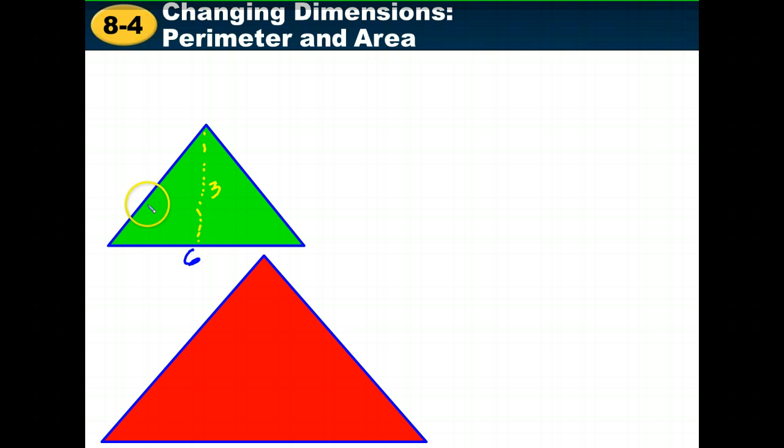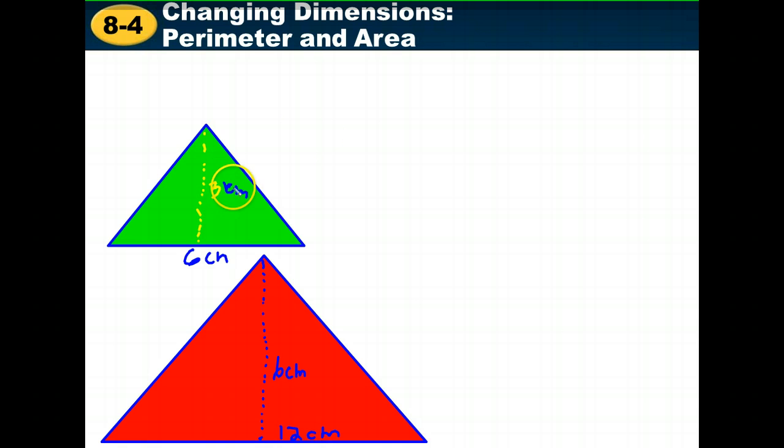So how will this affect the area when we double it? In the big one, if we double the dimensions, now the height is 6 centimeters and the base will be 12 centimeters. Now again, please draw both pictures when you are working.